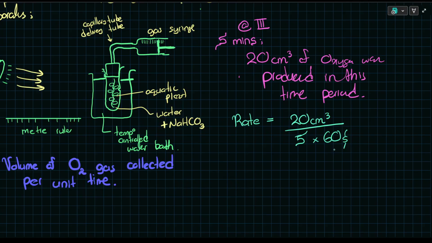So let's just see what we get here. 20 divided by 5 times 60. 5 times 60 should be 300. 20 divided by 300 is 0.0666, a recurring decimal. Let me just double check. Okay, yeah, 0.0666. I'll just call it 0.07.